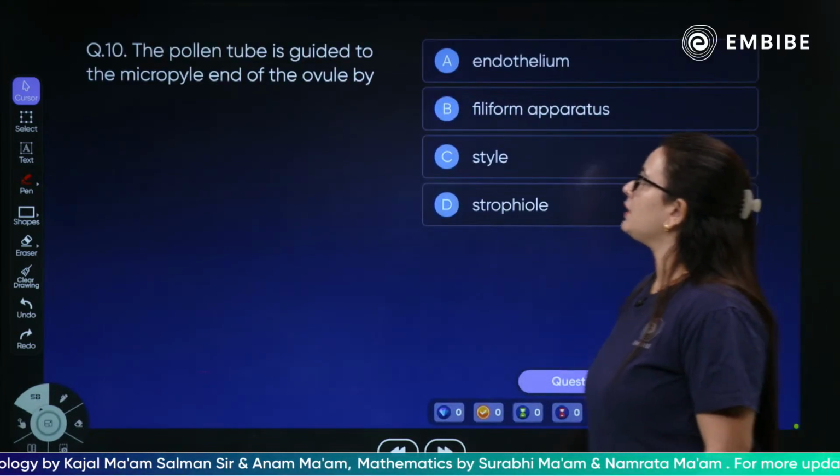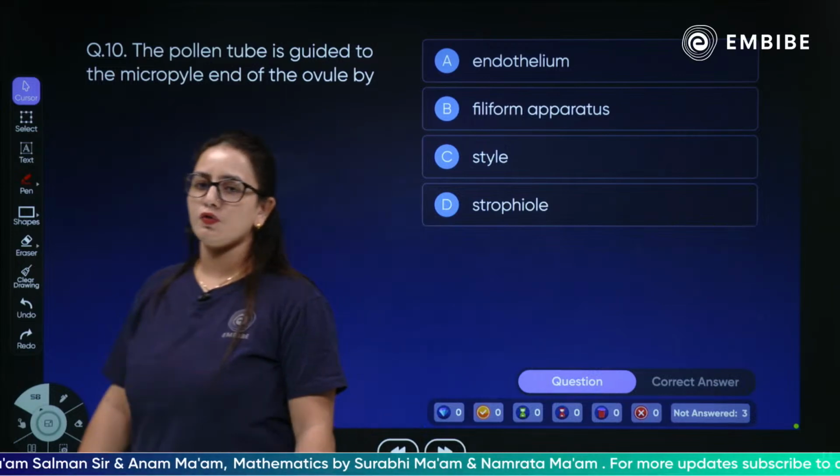Next question: the pollen tube is guided to the micropylar end of the ovule by whom?